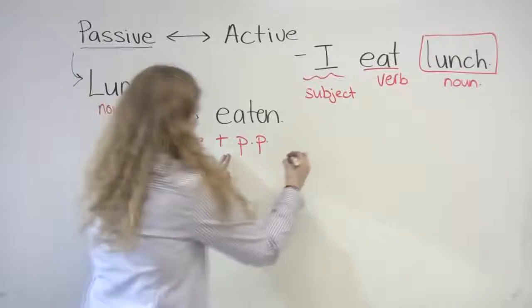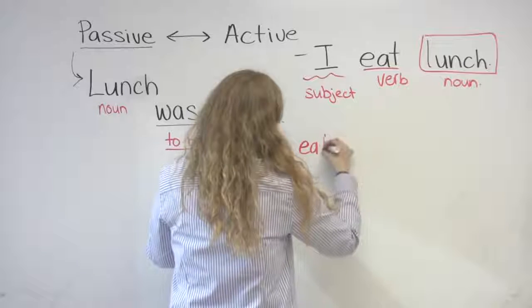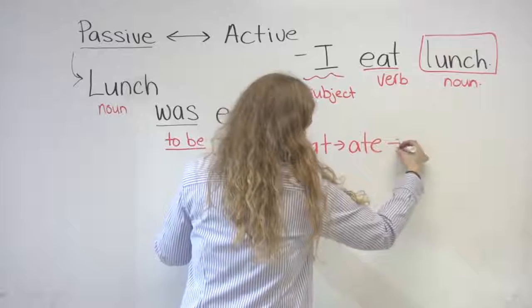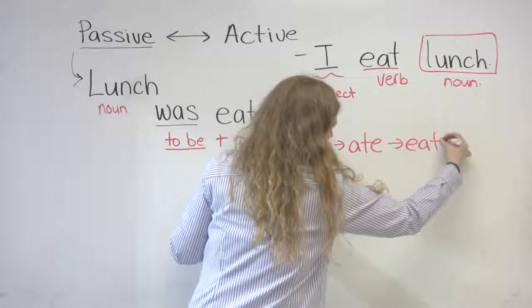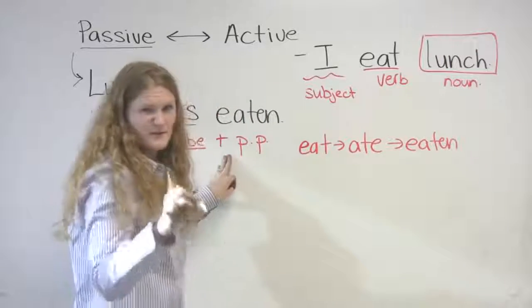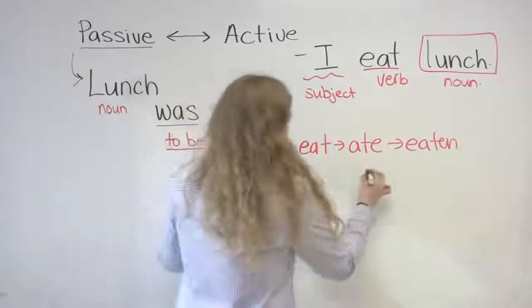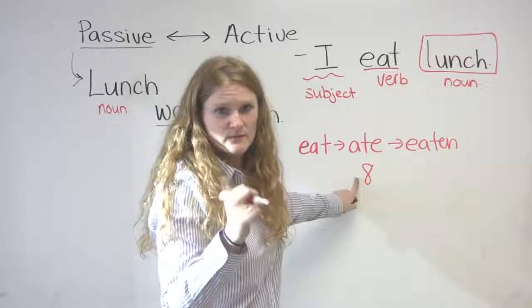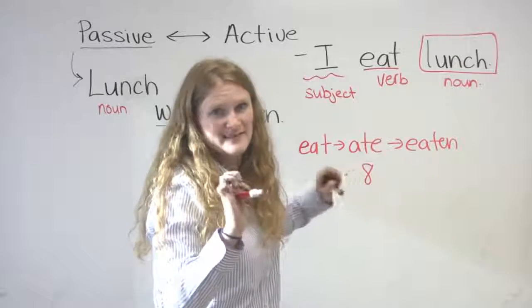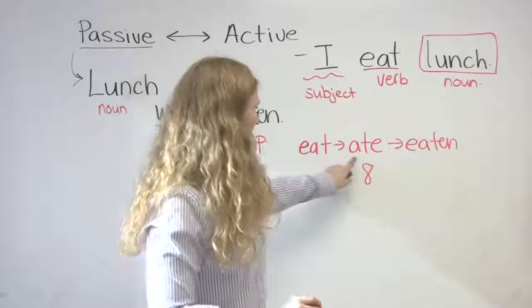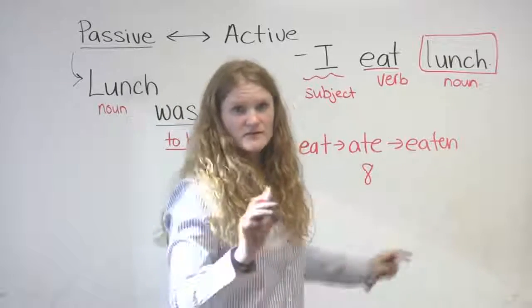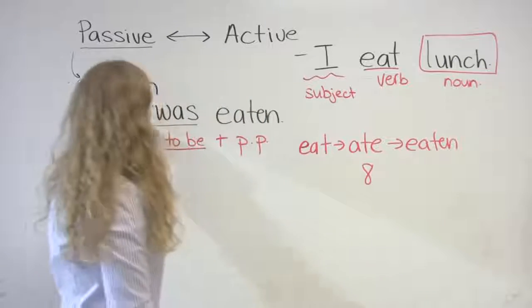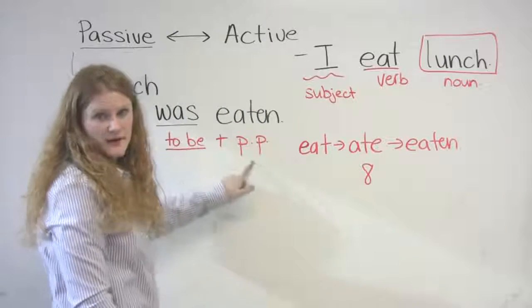For example, eat, ate, eaten. The way that I like to remember this, we pronounce this like the numbers 1, 2, 3, 4, 5, 6, 7, 8. Eat, ate, eaten. So when we make a passive sentence, you always have to put was and the past participle of the verb.